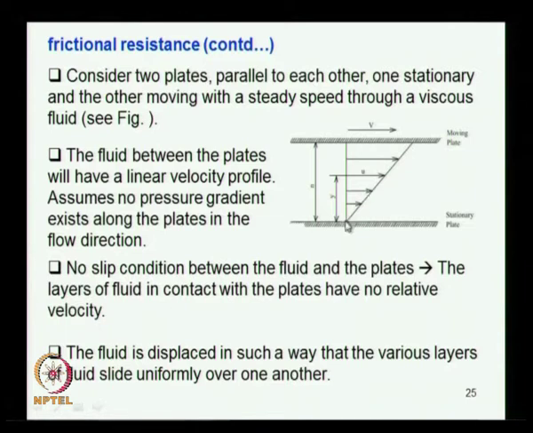That is why you have 0 velocity here and the plate velocity here for the fluid particle. The fluid is displaced in such a way that the various layers in the fluid uniformly slide over one another, so you have a linear variation. Each layer slides with a uniform velocity gradient.